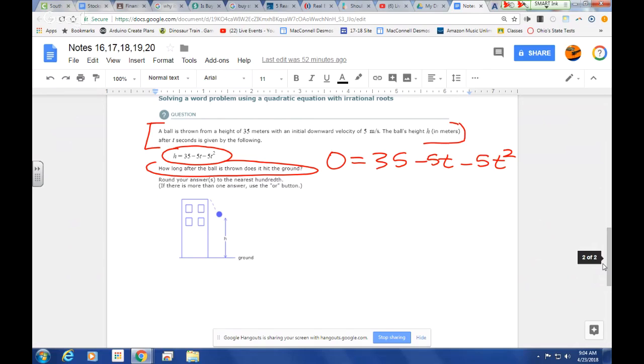Did I do it right? Quadratic formula on this one? Yeah. So we're doing a quadratic formula here. Notice that it says round your answer. Okay, so they don't want square roots, they want some kind of decimal. So when we get that discriminant, we're going to square root it.